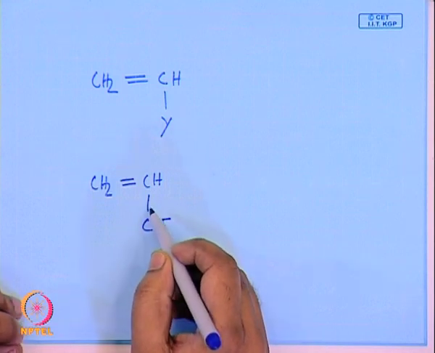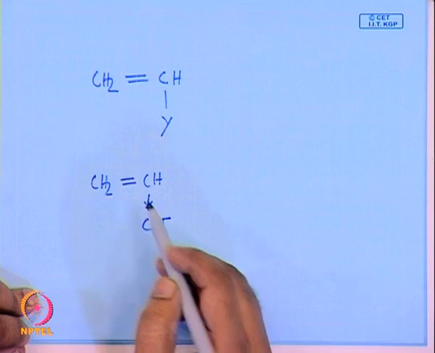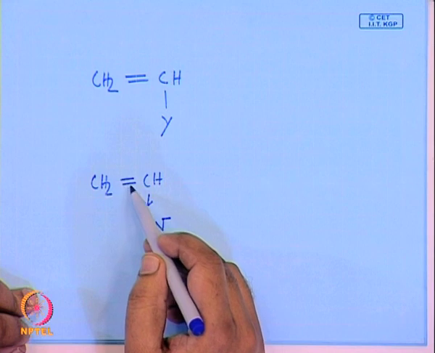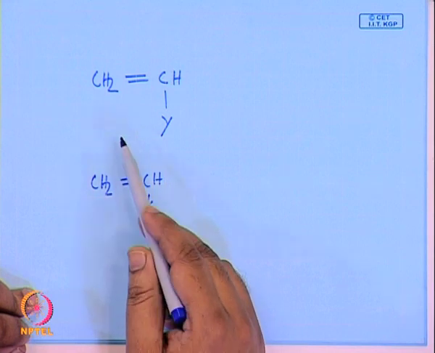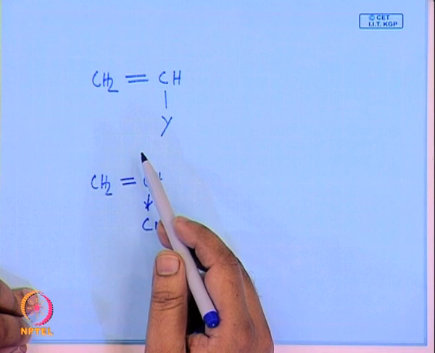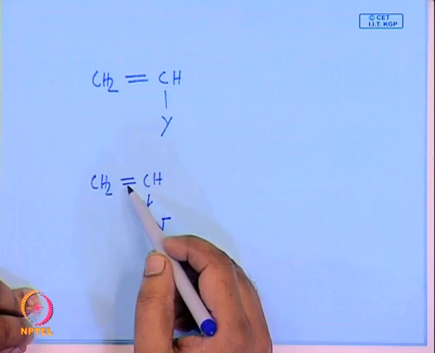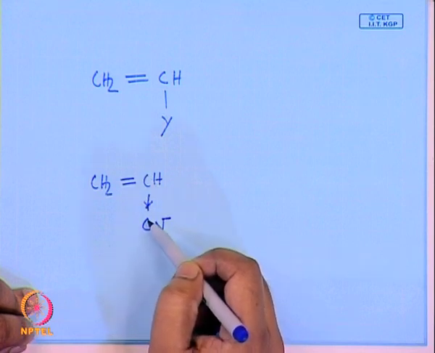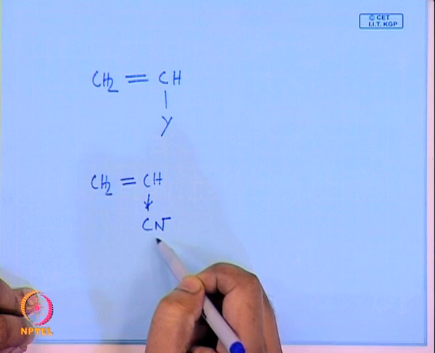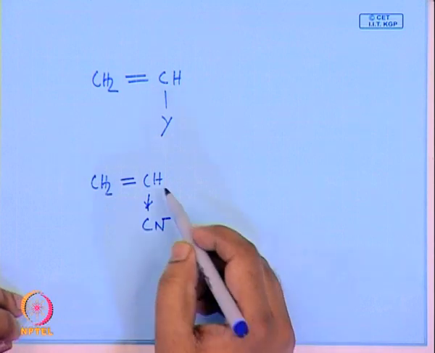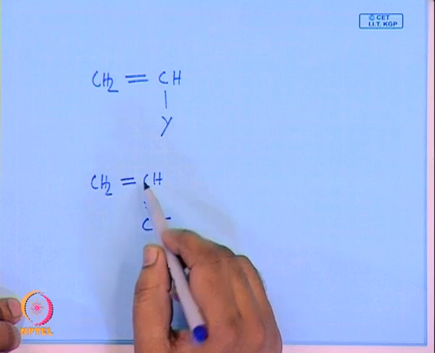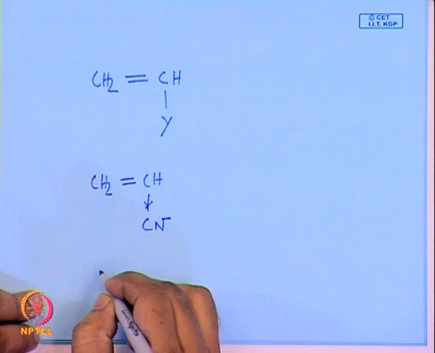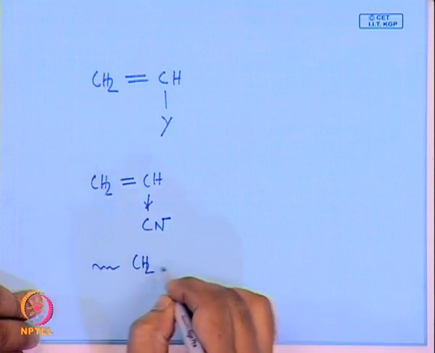Now, it is an electron withdrawing group, which means that because this is present, the reactivity of this double bond towards an electrophile increases, and also if there is an anionic charge here, it can be easily stabilized by the resonating effect of the nitrile group. So, if I have an anionic species reacting with this monomer, it will form, for example, CH2.